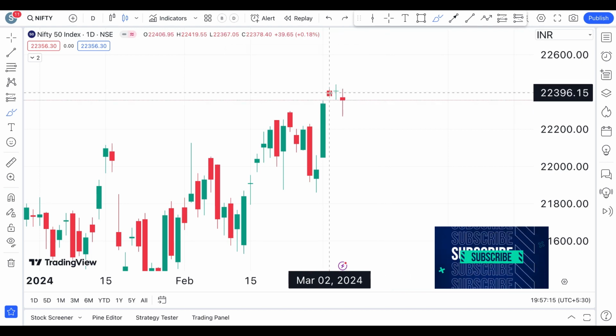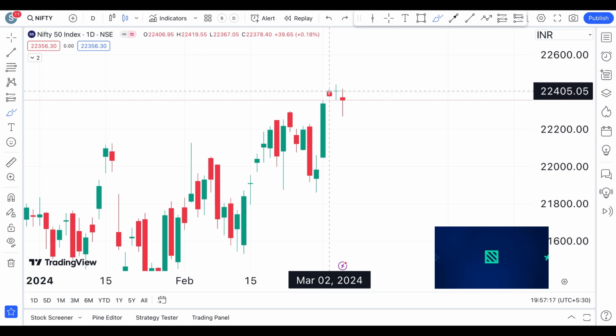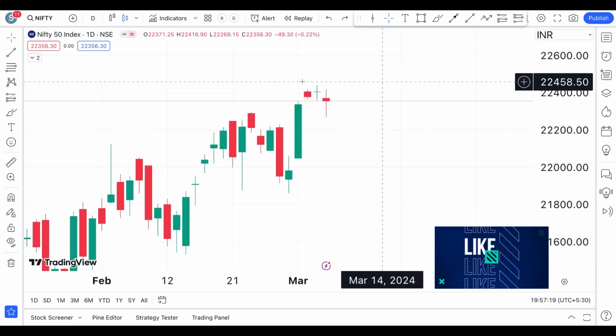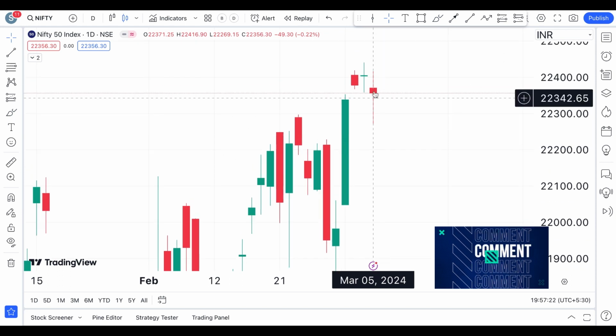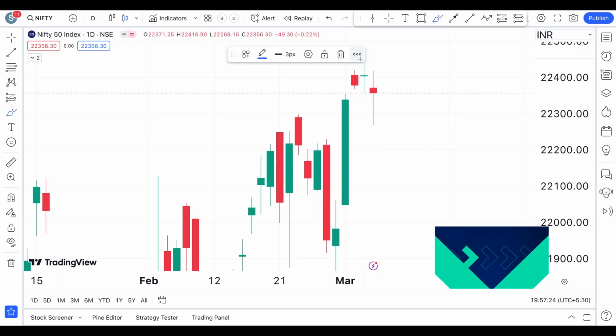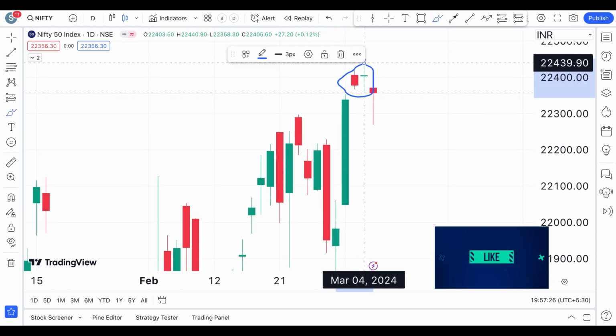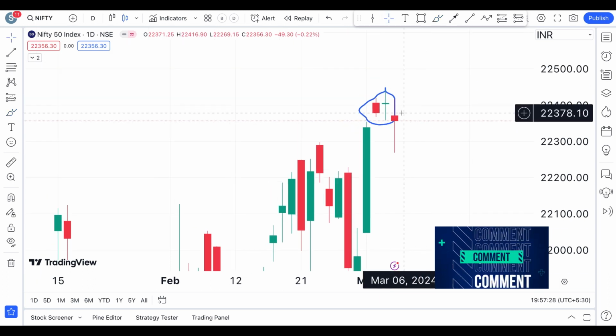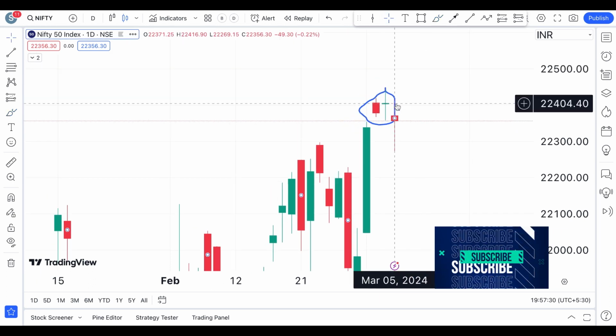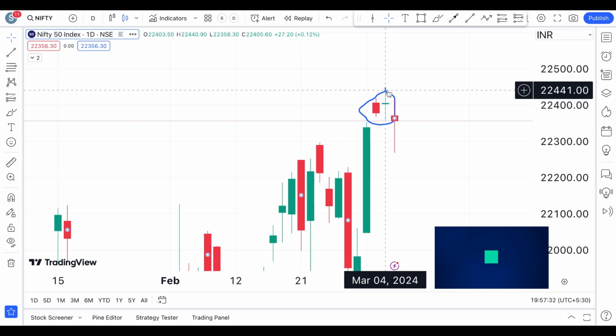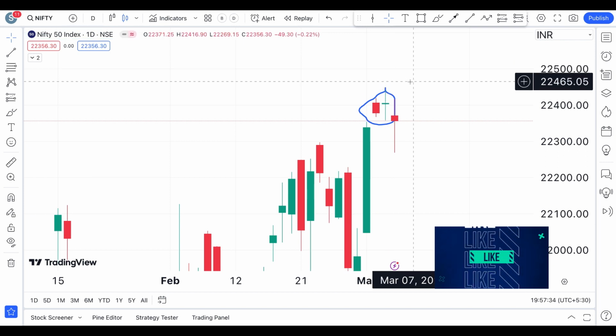After opening above with a proper gap, it is clearly showing signs of weakness at this location. So yesterday we asked you to be very cautious about this location, and as you can see today, that is why we asked you to be a little conscious about today's trading here.